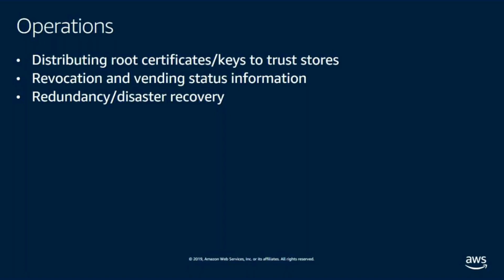There are lots of ways to do that. It's beyond the scope of this talk today, but if you have a PKI environment today, you probably have some mechanisms that you're using to distribute root certificates.